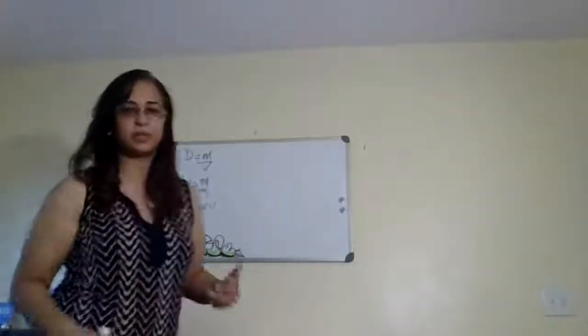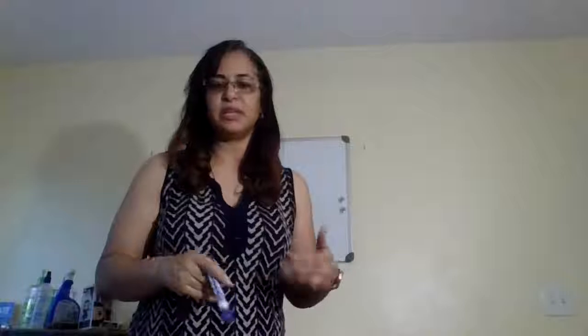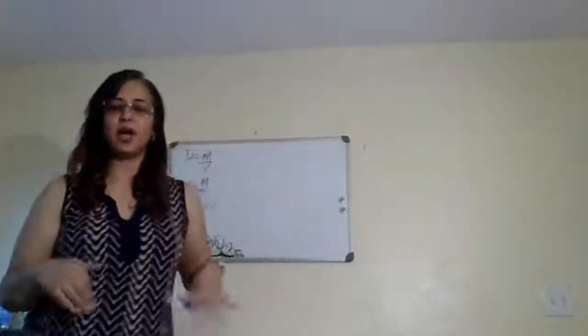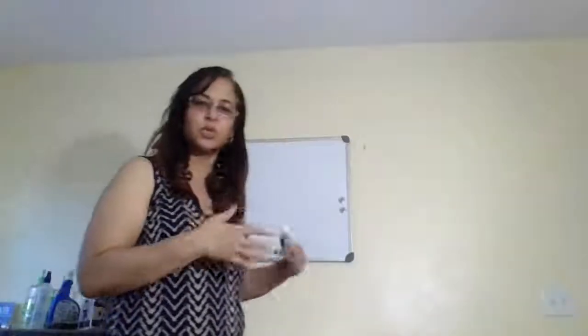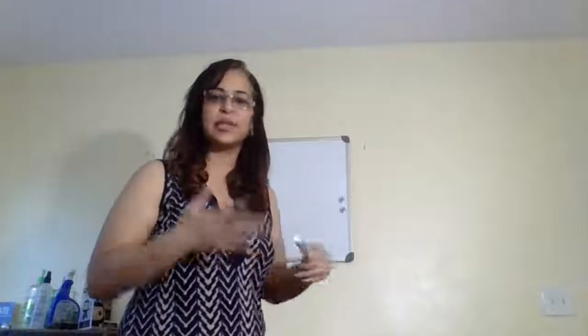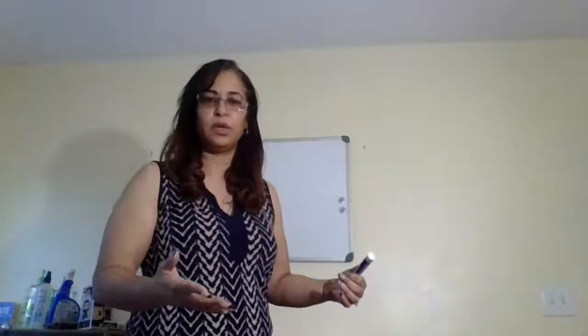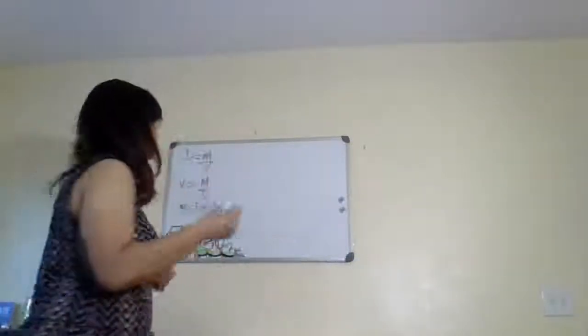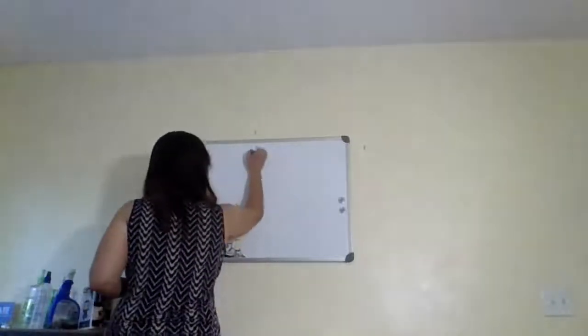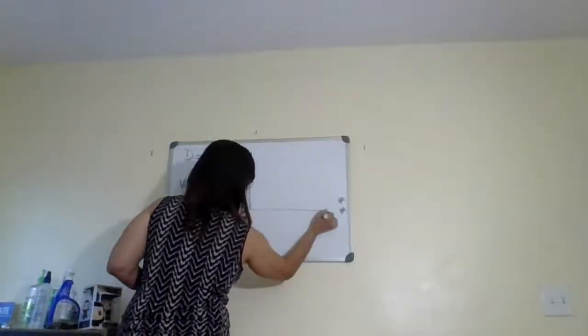We know that density is a characteristic property of a substance. What that means is no matter how much or how little of a substance you have, the density is exactly the same. So we're going to go ahead and graph that. I'm going to make the graph bigger than I did in the last review.